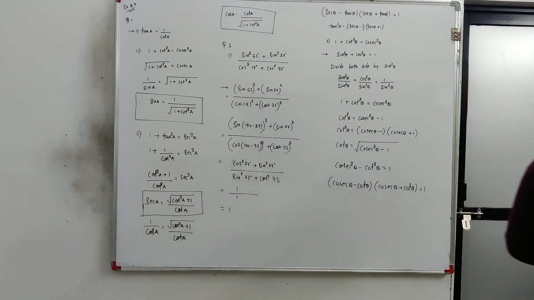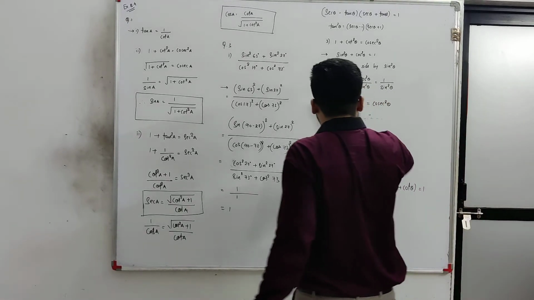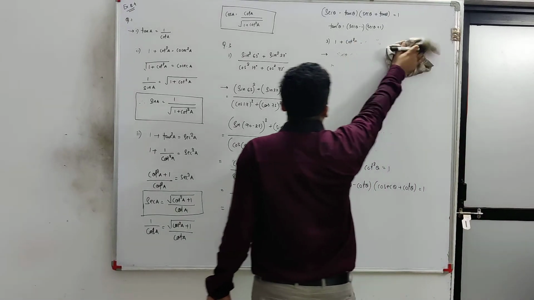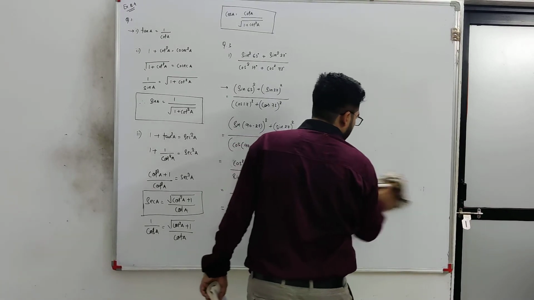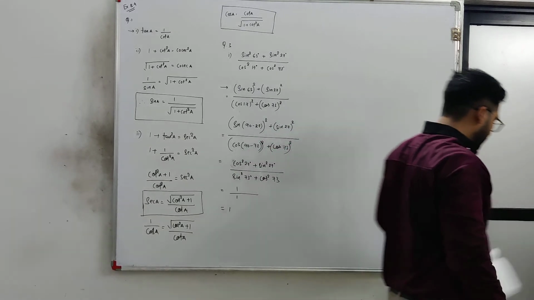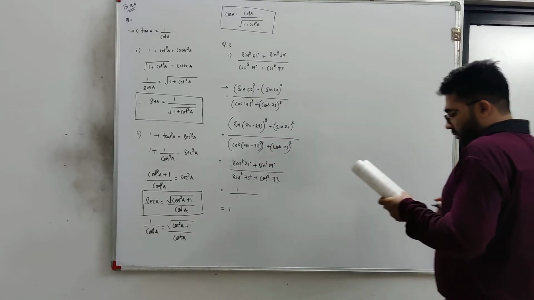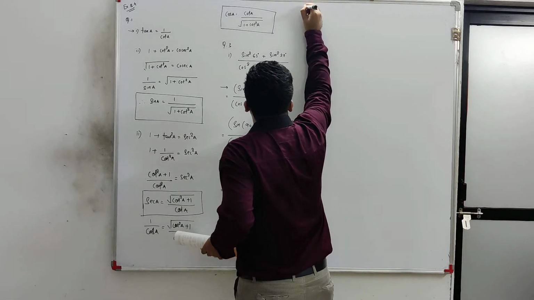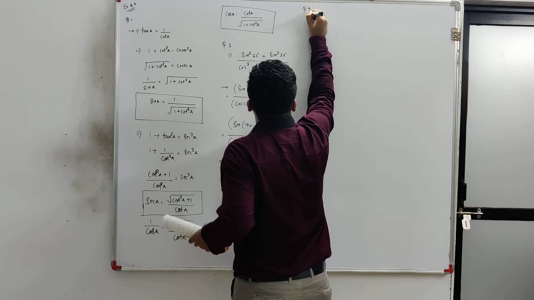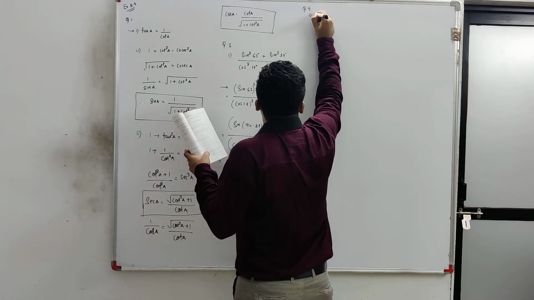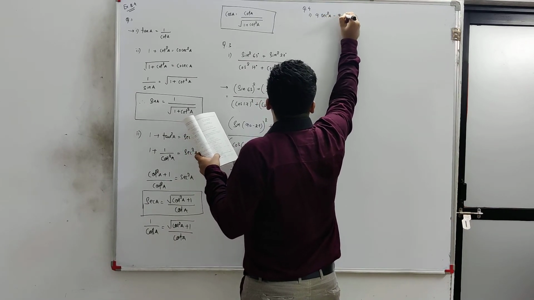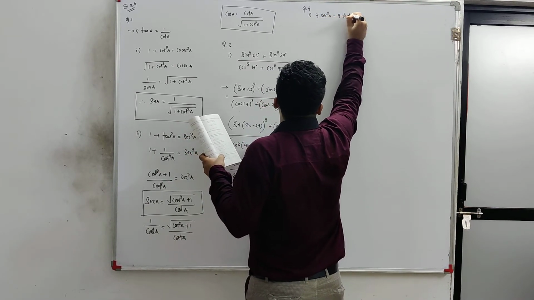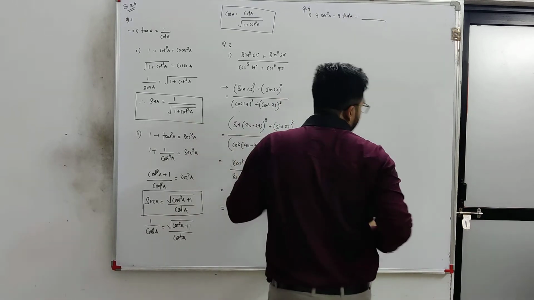Now, let us see the next. That is the question based on the MCQs. In question number 4, first, 9 sec square A minus 9 tan square A is equal to blank.